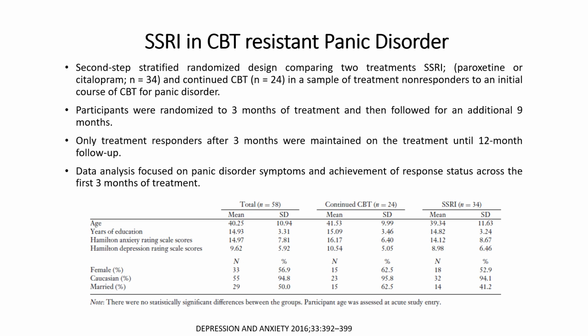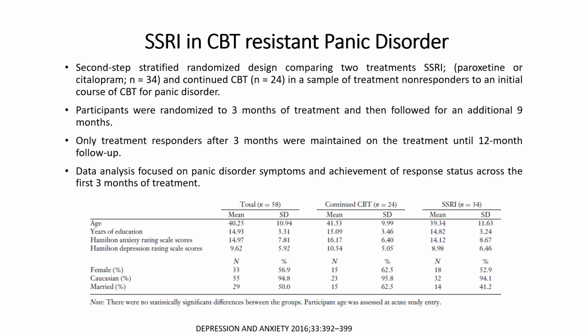SSRI in CBT-resistant panic disorder. A second step, stratified randomized design comparing two treatments, SSRIs, that is paroxetine and citalopram, and continued CBT, was done in a sample of treatment non-responders to an initial course of CBT for panic disorder. Participants were randomized to 3 months of treatment, followed by an additional 9 months.